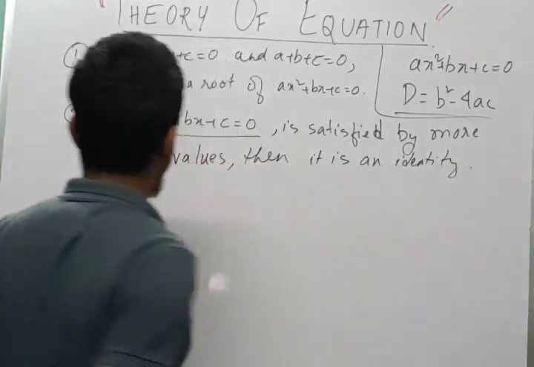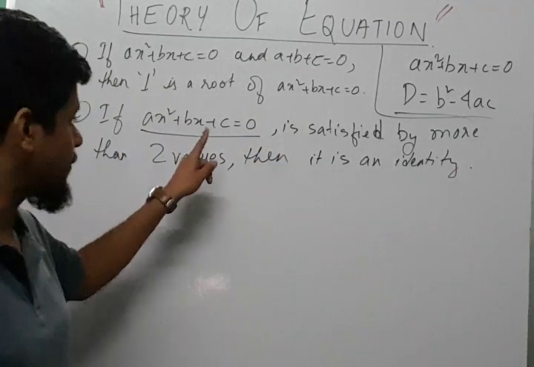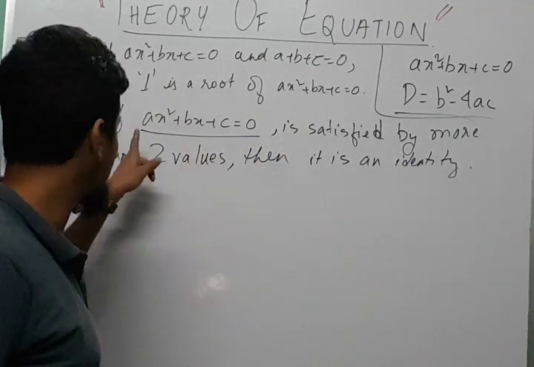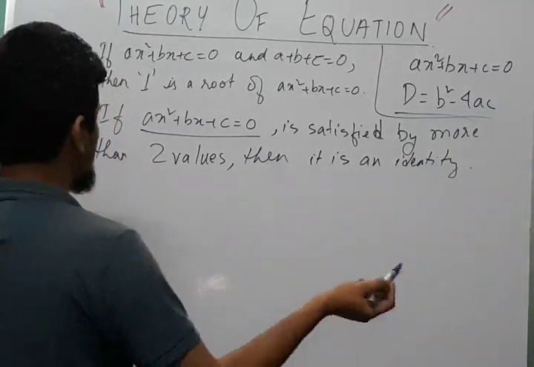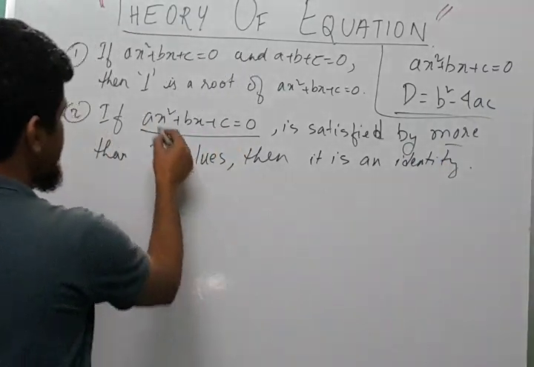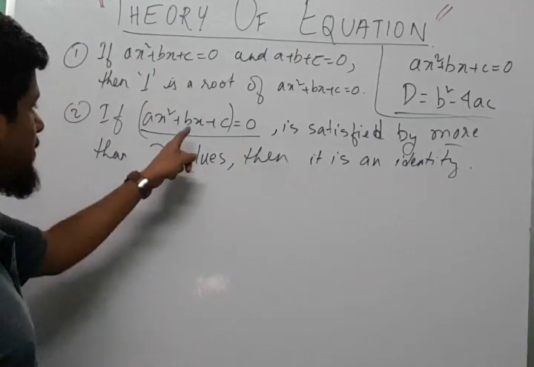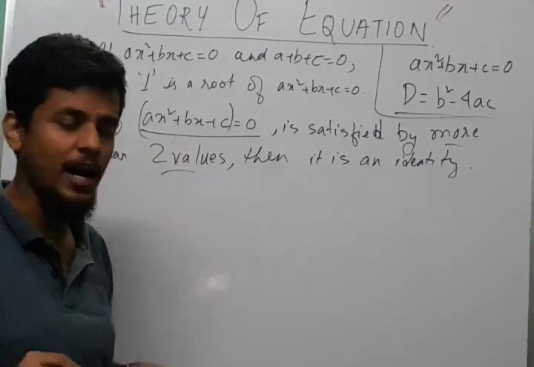Basically it should have only two roots, which means it should be satisfied by only two values. But if it is satisfied by more than two values, then ax squared plus bx plus c equal to 0 is nothing but an identity.